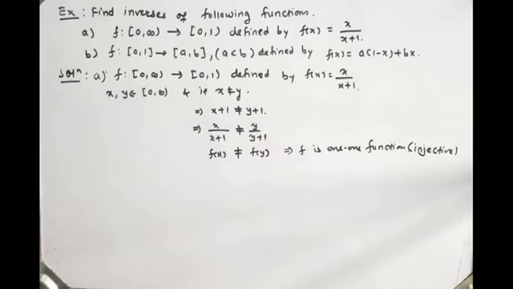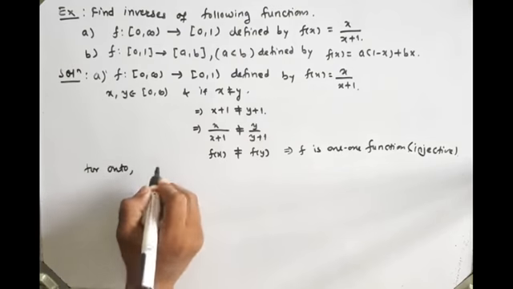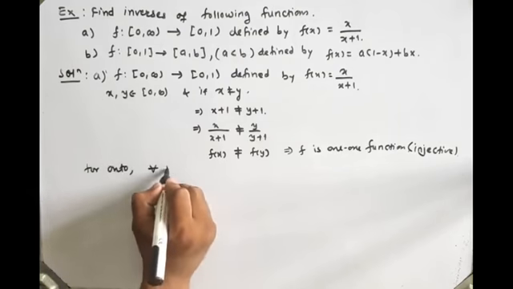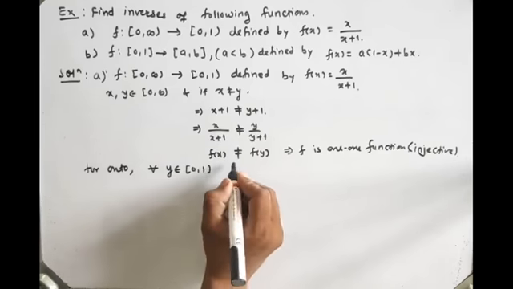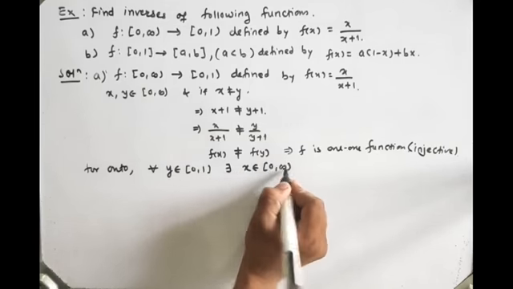Now next we have to check whether the function f of x is equal to x upon x plus 1 is onto. So for an onto function, what is the definition? For all y belonging to the codomain, so the codomain is 0 1, there exists x belonging to 0 to infinity such that y is equal to f of x, which implies that y is equal to x upon x plus 1.